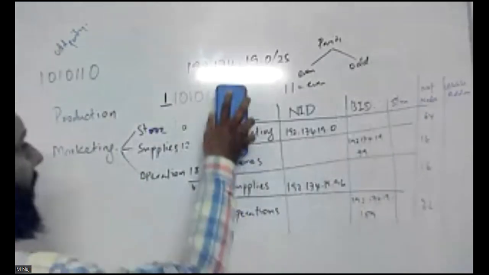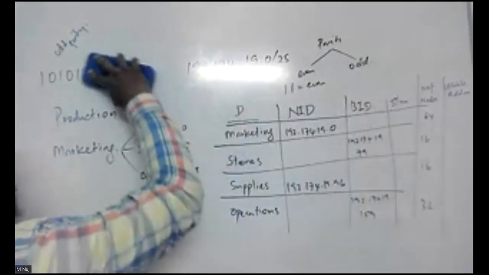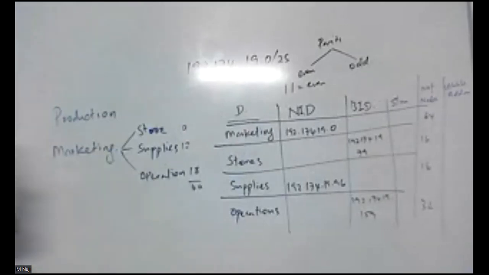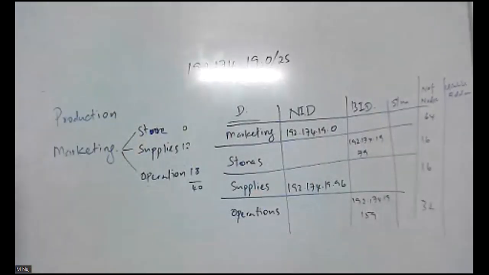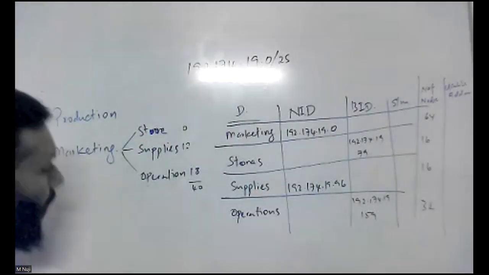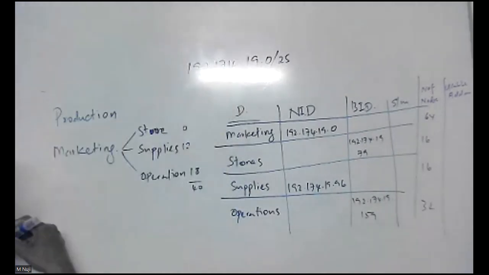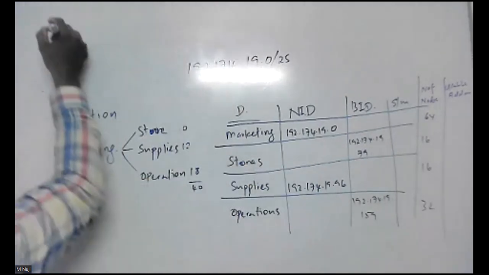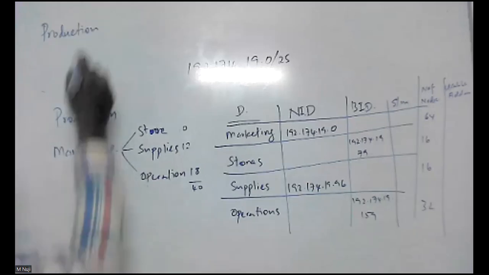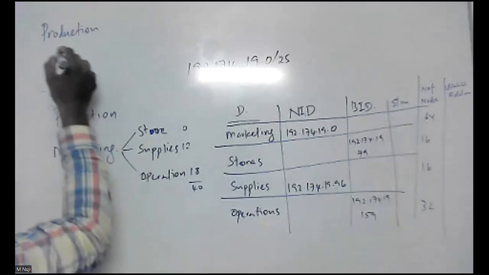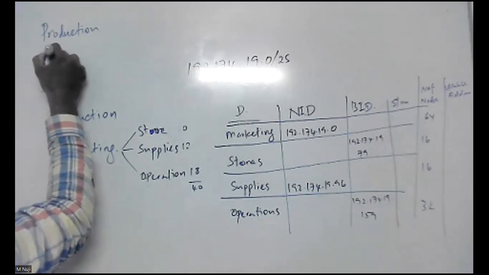Now let's discuss the B part, the VLSM. The very basic concept here is the production and marketing.